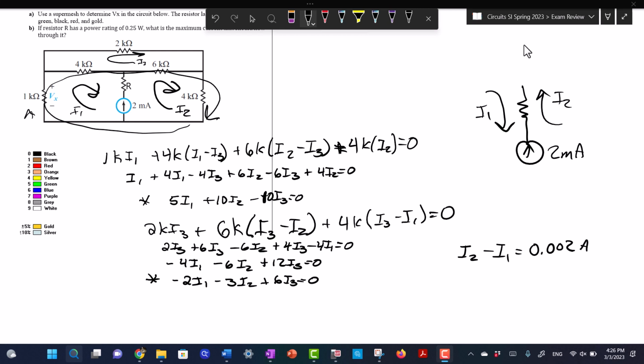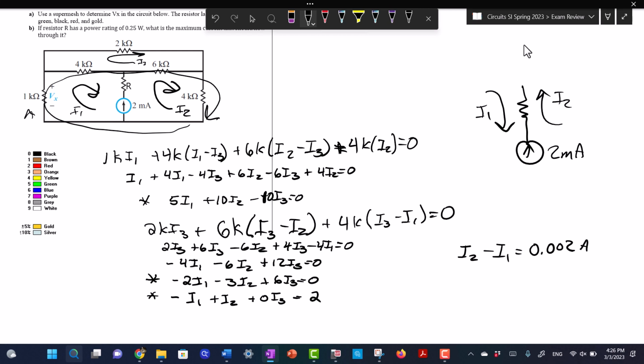If I wanted to write it as a 2 instead of a 0.002, that would be fine. It would just mean my units were milliamps instead of amps. And so I would have minus I1 plus I2 plus 0 I3. I'll just go ahead and write it as 2, and now my units are milliamps because I didn't have any other currents already in here.